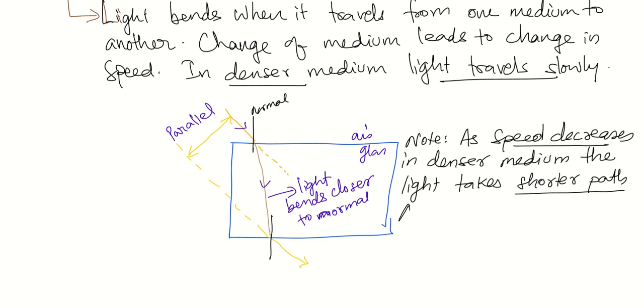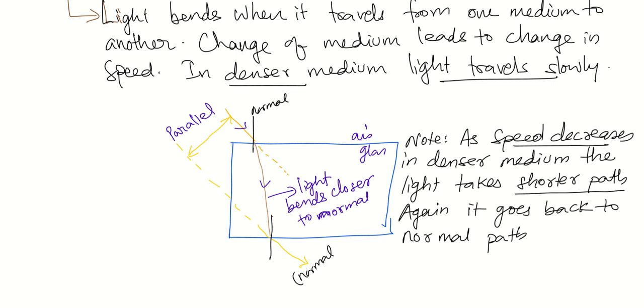And then again it goes back to the normal path, like here. This is again light has gone to the normal path, but because of this bending it has shifted from here to here. So there has been a shift here, and that is why you see the parallel relationship between the incident and this.